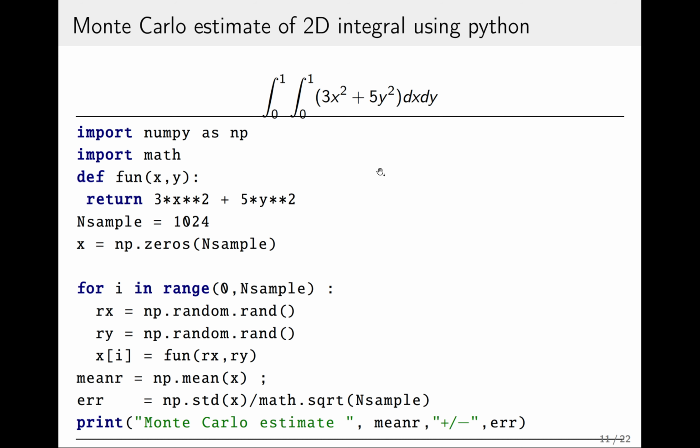This is similar to the one-dimensional case, and so even though these integrals are more complicated, the procedure is the same. You generate random numbers, use them in the integrand, repeat this n sample times, and then take the mean. Even though this is a very simple multidimensional integral, as multidimensional integrals get very complicated, this procedure is always a way of getting a good estimate.